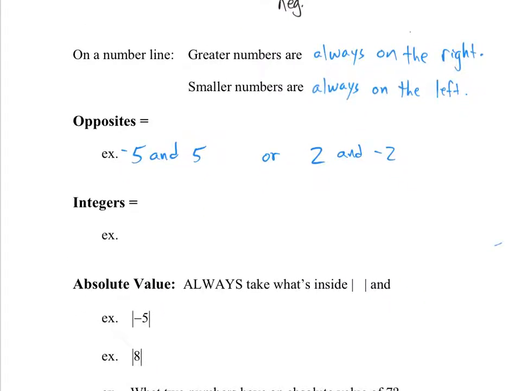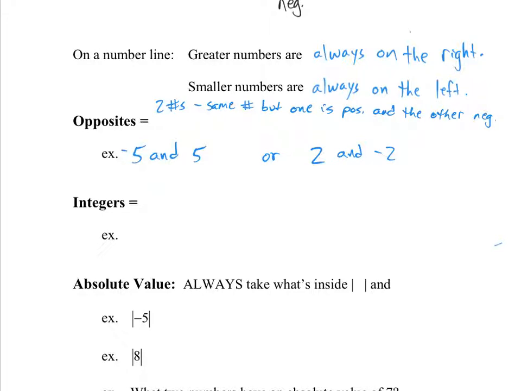So you really could define it however you want. I'm going to say two numbers that are the same number, but one is positive and the other negative.